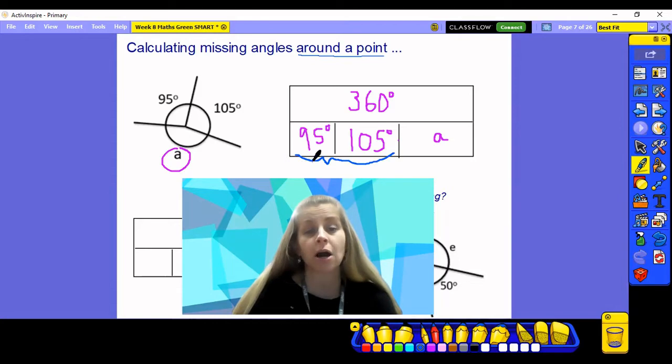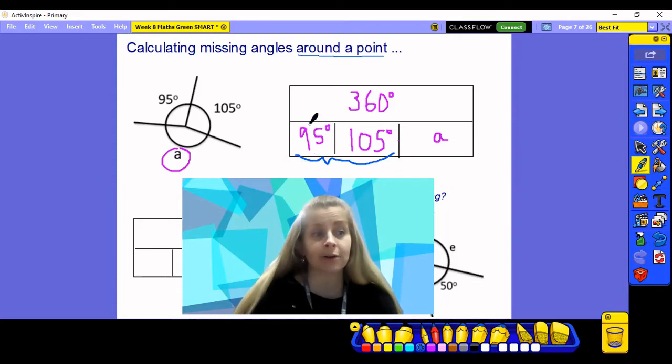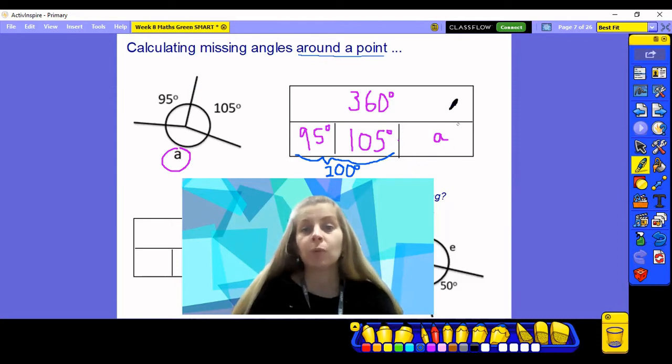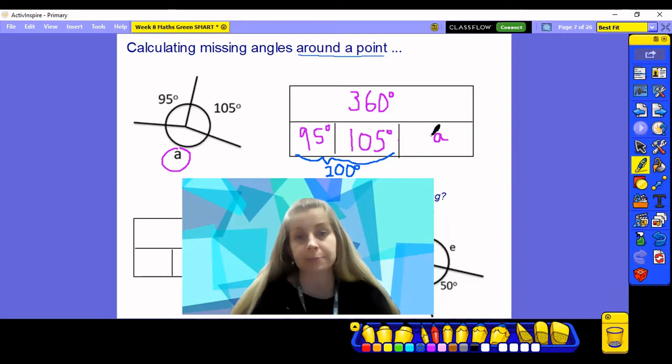Well, we already know that we've got 95 degrees and 105 degrees. So we've already got knowledge that there are 200 degrees around this point. That is known. So these two combined is 200 degrees. And we're trying to work out what this extra angle is.